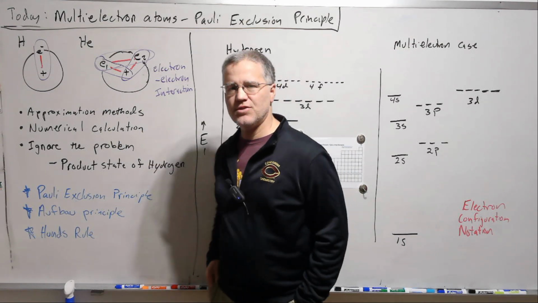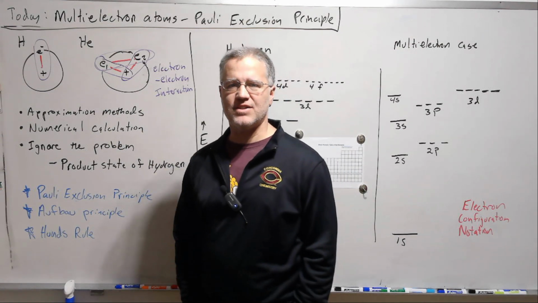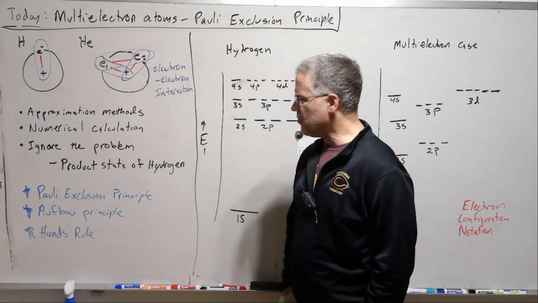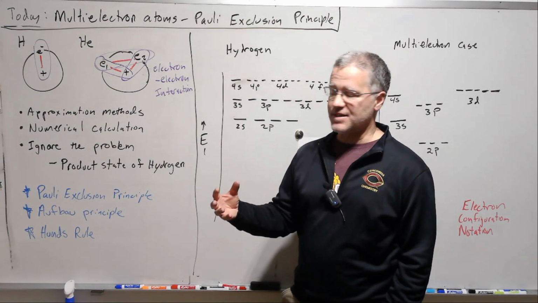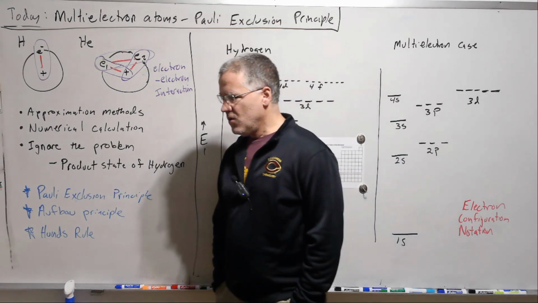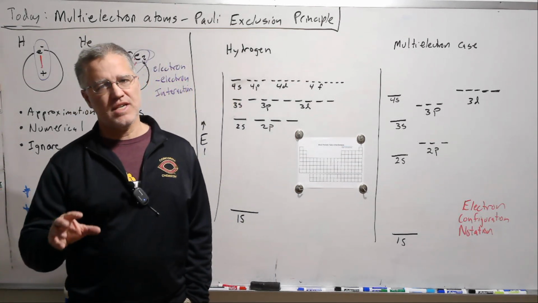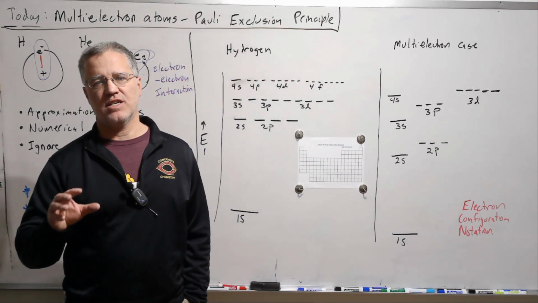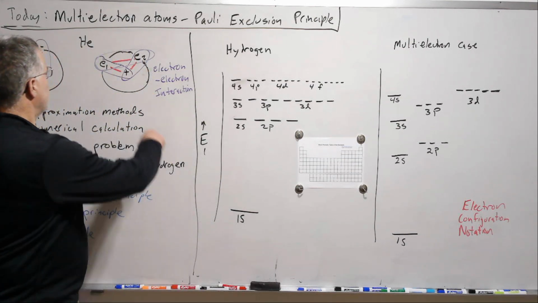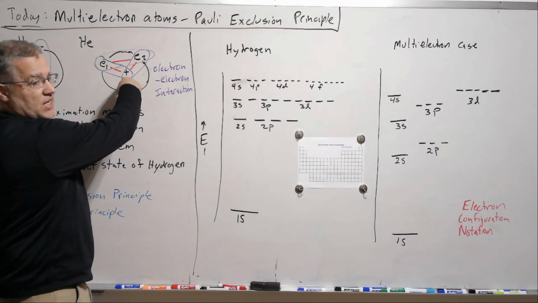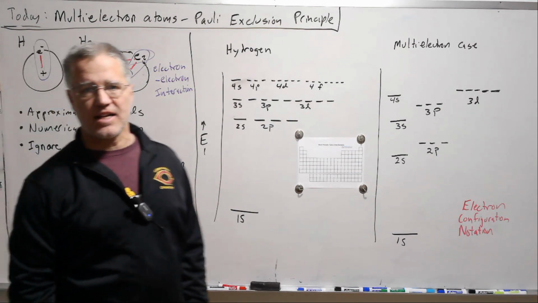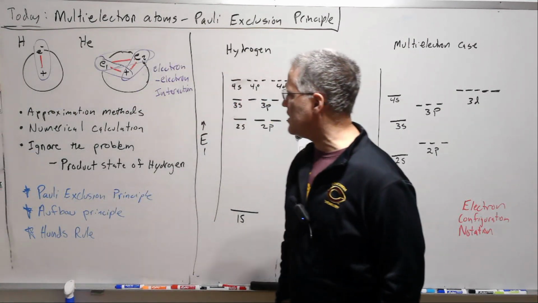A third approach, which might seem a little bit crazy, is to ignore the problem and hope it goes away. And in some sense, it does. So when we ignore the electron-electron interaction, we certainly cannot expect to be quantitatively correct, because this interaction is about the same strength as the attractive interactions between the electron and the nucleus.